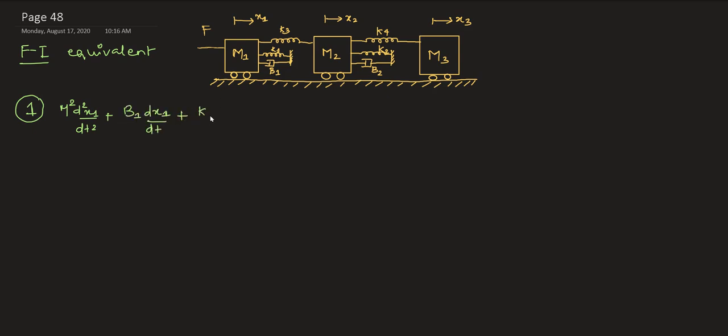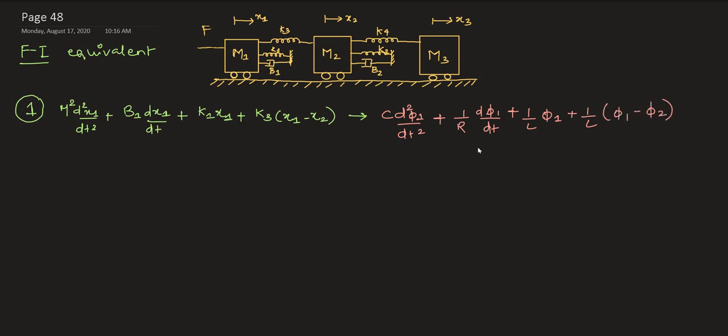Here the conversion is going to be the force to current conversion. So my mass translates to capacitance, and my B translates to resistance, and my K translates to inductance. Good. And with this current equivalent, I can draw my equivalent circuit.